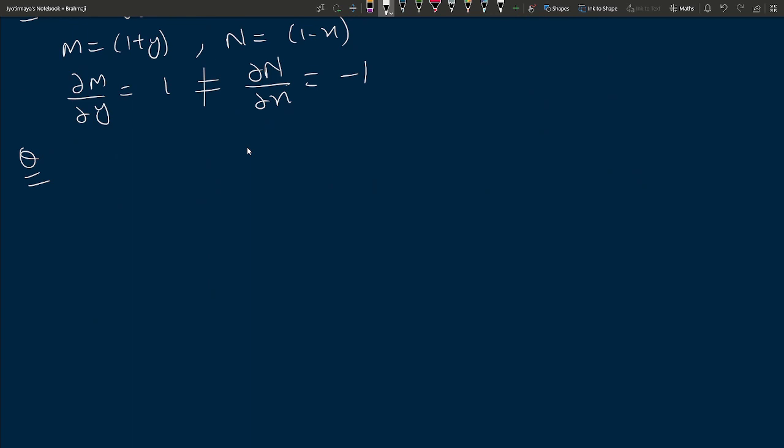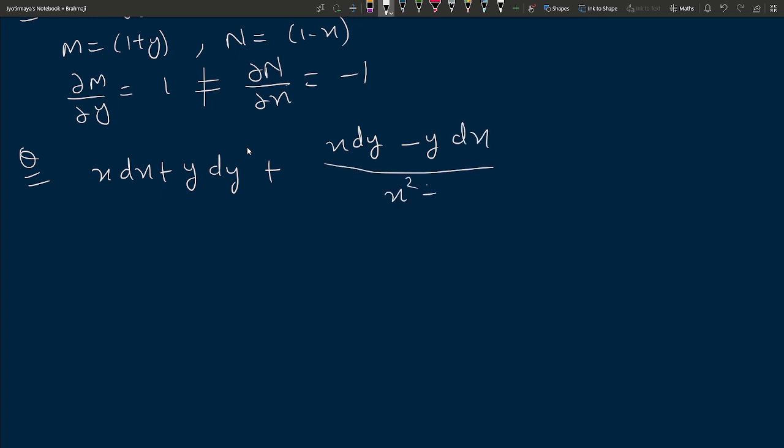Now next question, x dx plus y dy plus (x dy minus y dx) divided by (x square plus y square) equals 0. Now this is an exact differential. I can solve this by another method, by arranging the terms.